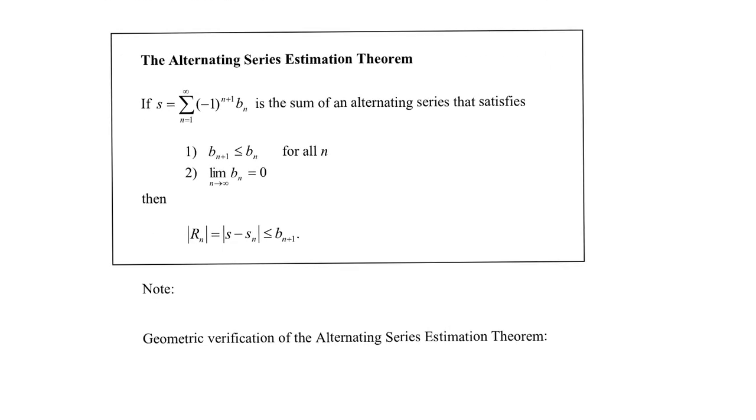Let's take a look. The alternating series estimation theorem says this. We've got S, the sum of this series. So S is the sum of an alternating series that satisfies these two conditions: it's decreasing and the limit of b sub n is 0. In other words, it satisfies those two conditions of the alternating series test.